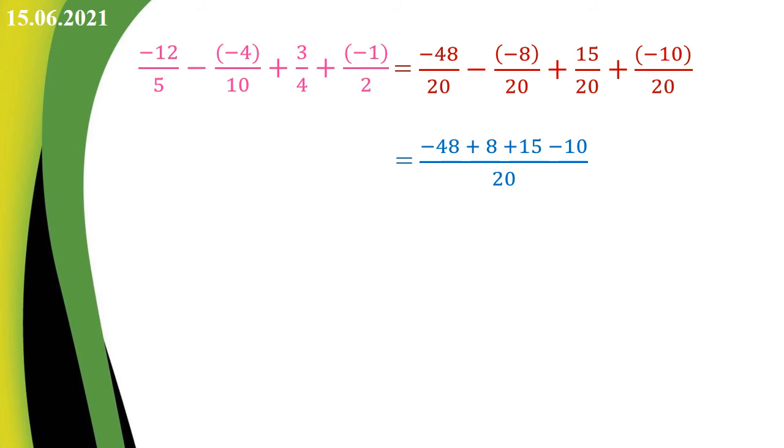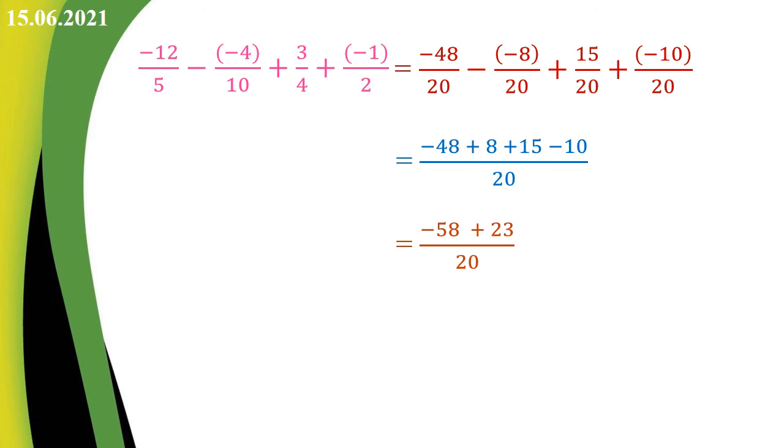We can add same sign of values first. Minus 48 minus 10, we get minus 58. 8 plus 15, 23. So we get minus 58 plus 23 by 20.